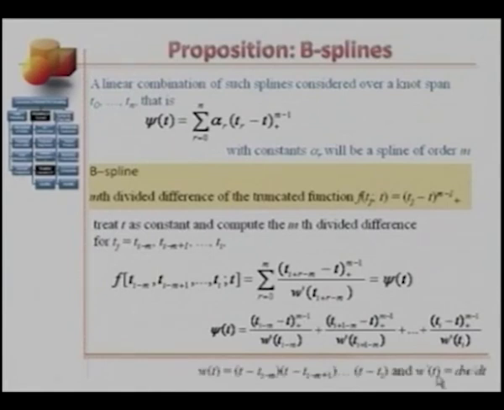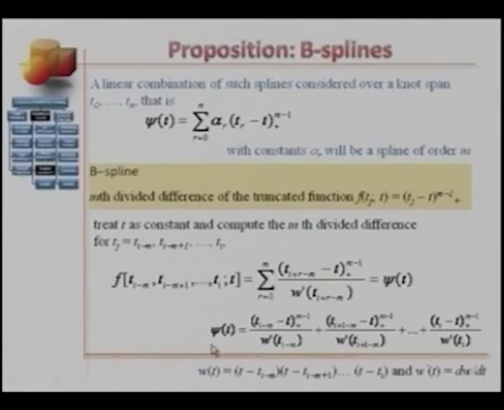Here W(t) is the product of (t minus t(i minus m)) times (t minus t(i minus m plus 1)) up till (t minus ti). And as you know, W prime of t is the first derivative with respect to t.